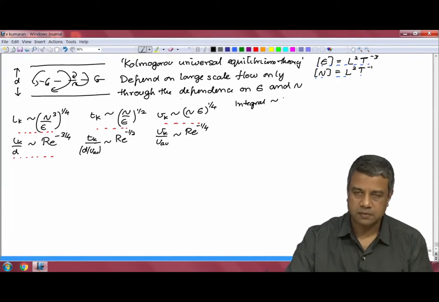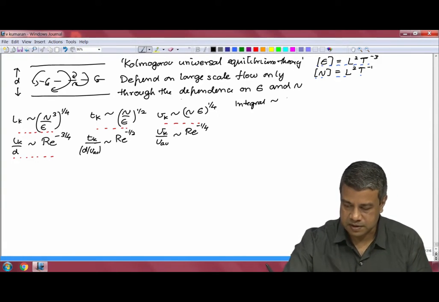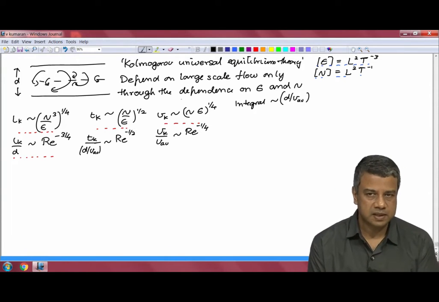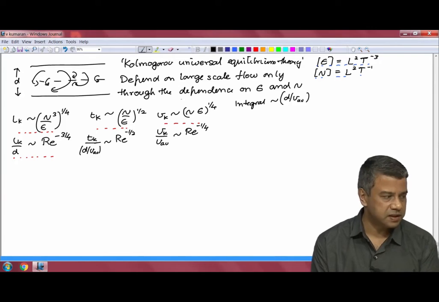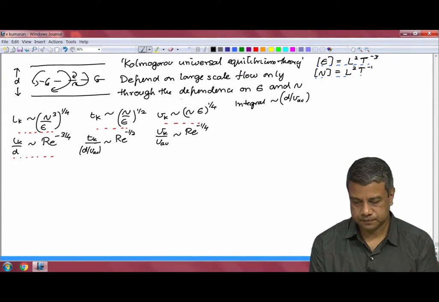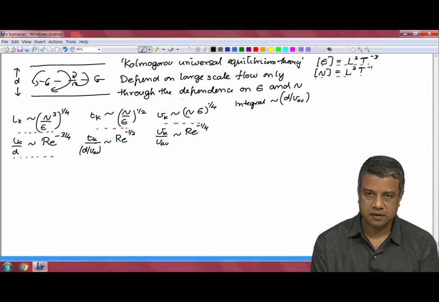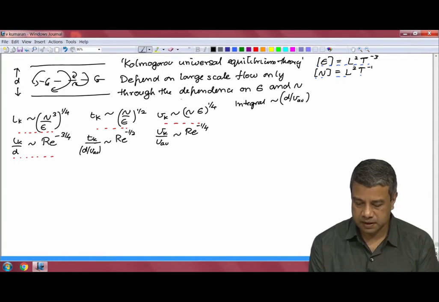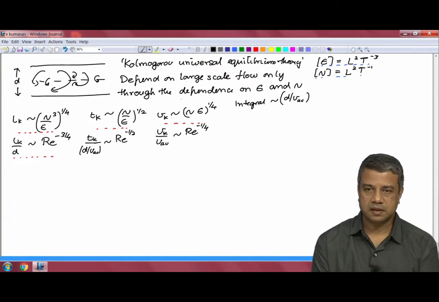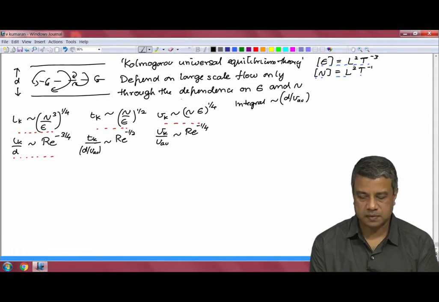One definition of the integral time for a turbulent flow is just based upon dimensional analysis: the diameter divided by the average velocity gives you a time scale. This is the only time scale that depends upon the diameter and the average velocity. So, the ratio of the Kolmogorov time scale to the large time scale is Re to the power minus half.